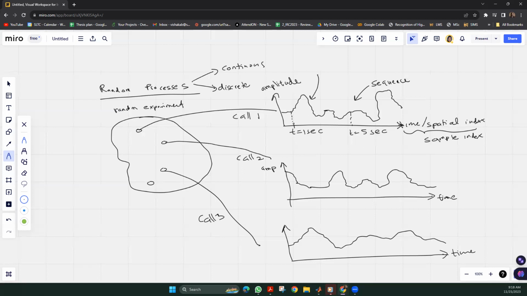What is the continuous process that I have considered in this instance? Continuous, yes. So continuous random process. So why do we say that?